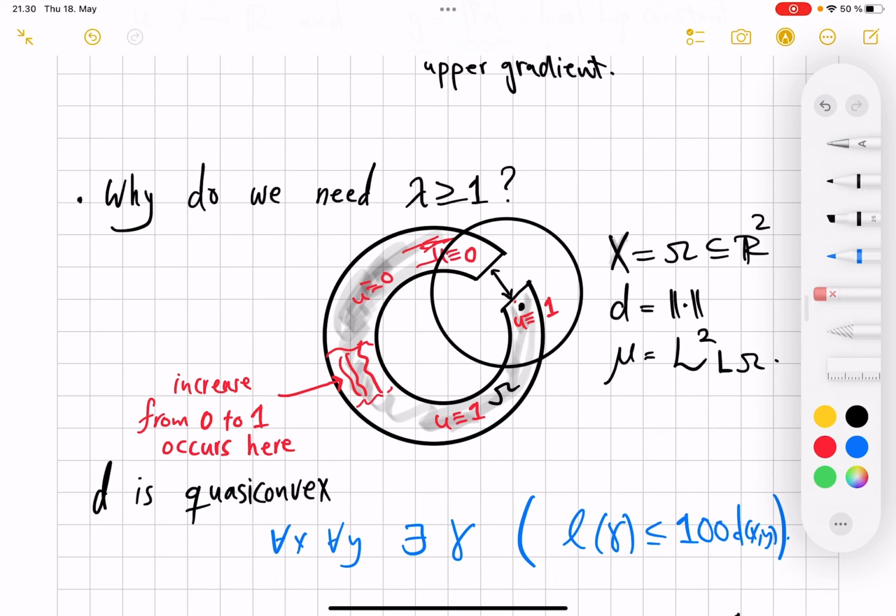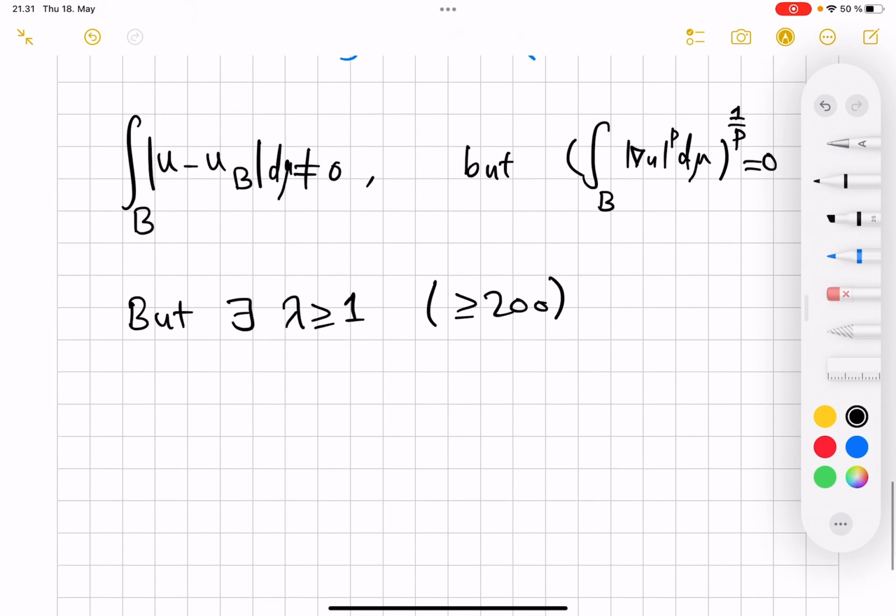So even if you take the smallest ball which touches both sides from here and here, it has diameter at least 1. And if you dilate it by 200 times, you definitely cover the whole annulus. And in particular, you capture this part where that gradient lives.